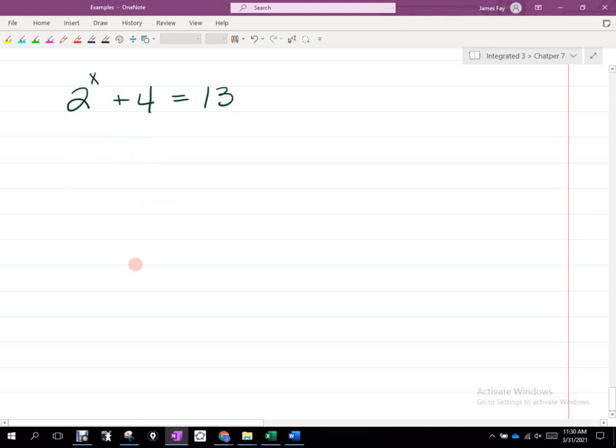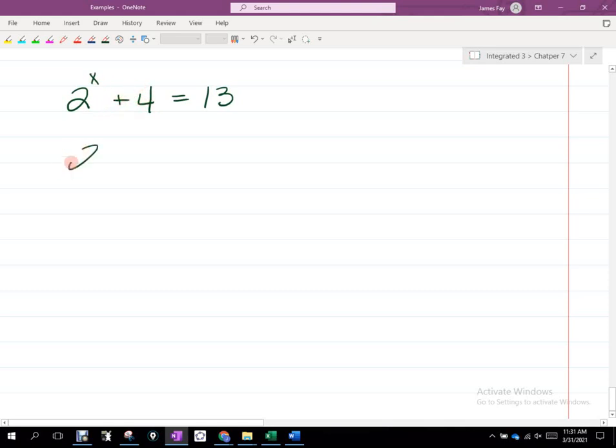I think what you're going on would be okay if this was a multiplication sign. We haven't seen anything with addition here, right?